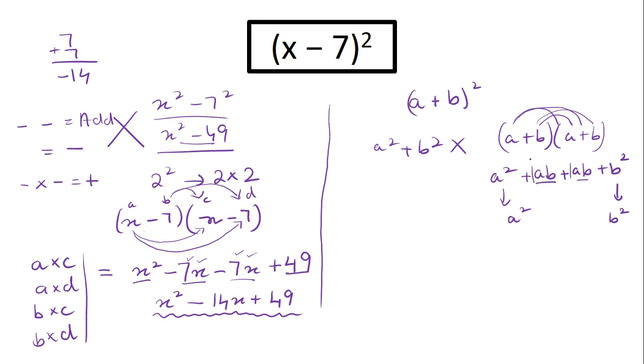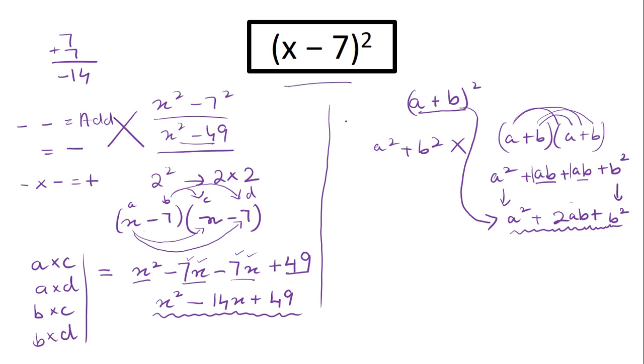They're both from the same family, so 1 plus 1 is 2, and ab just comes down, and the final equation is a squared plus 2ab plus b squared. Which means that if you have something like this with a square attached, you can simply open it up as a squared plus 2ab plus b squared.